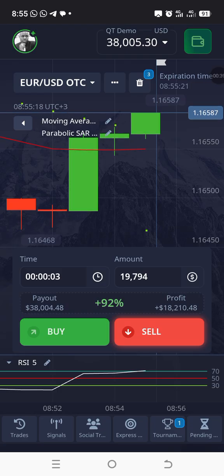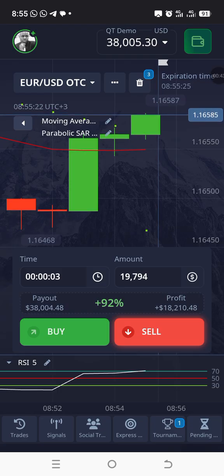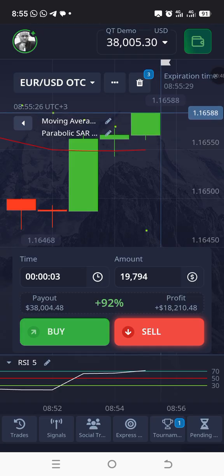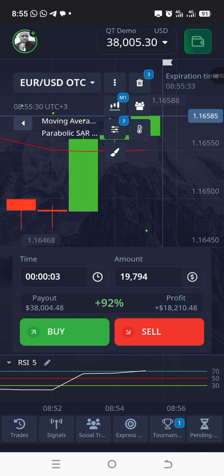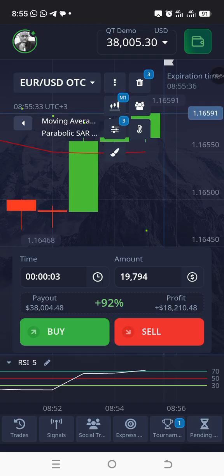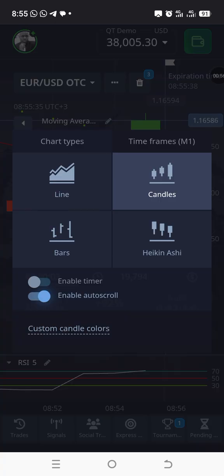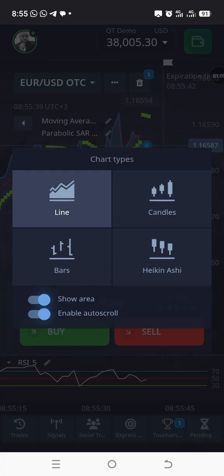So you just turn from the candles to the chart by clicking this dotted line here after the Euro USD OTC. Just click there, then choose chart type like that.